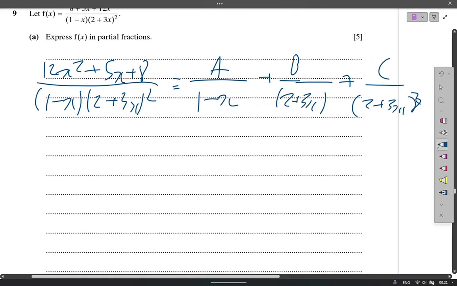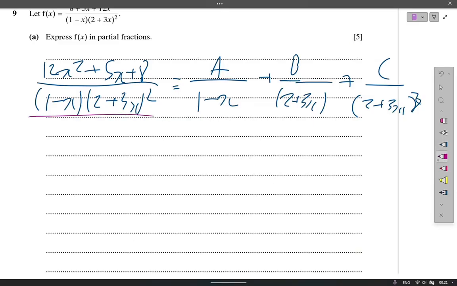Okay. If you multiply both sides by this equation here, this gives us the equation here to solve.